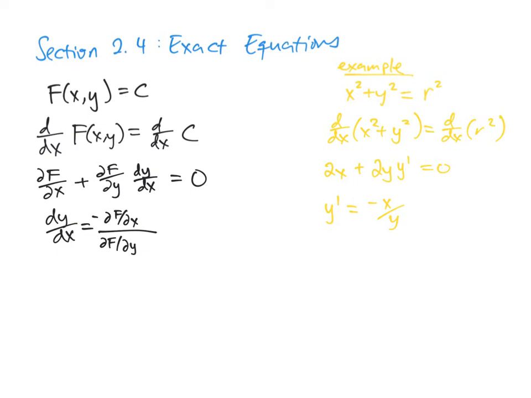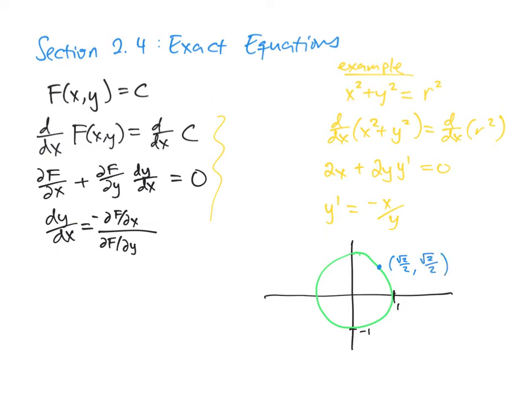Since I didn't really prove the details of what I did on the left-hand side, the point of this example on the right-hand side is to demonstrate that this makes sense. If you have a circle, like let's say the unit circle, with points 1 and -1, and you want to know the slope at any particular point, let's say this point is rad 2 over 2, comma rad 2 over 2.